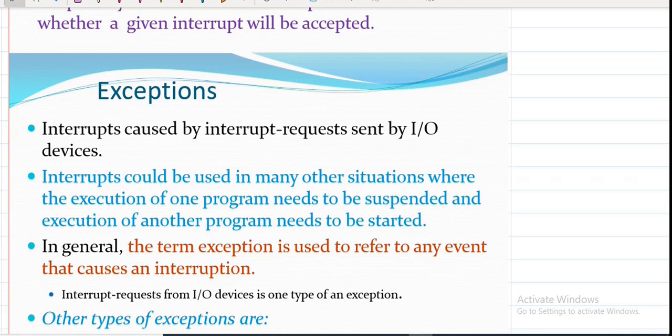Somewhere, due to either a wrong input, or whatever computation it is doing, something divided by 0, such a scenario, what happens? The execution of the program is going to stop. Have you observed all those things in Code::Blocks when you are running? Abnormally, the program is going to terminate.